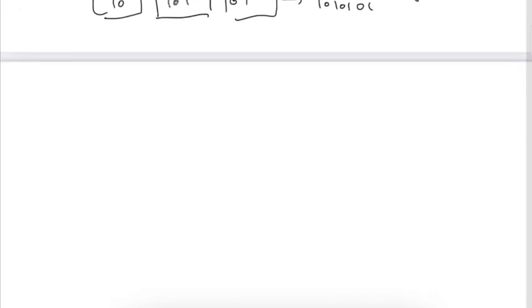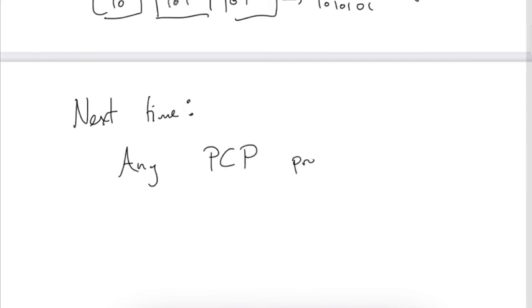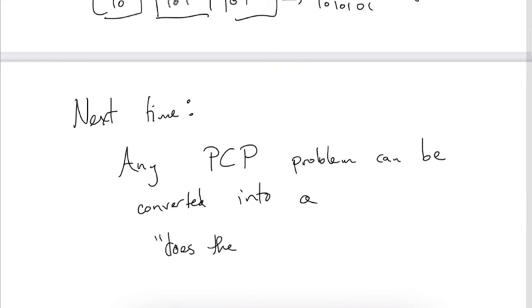Let me just give you a little intro to the punchline. We don't have enough time to do this now, so I think we'll cut it off at this point. But next time, it turns out that any PCP problem can be converted into a does-the-Turing-machine-accept-or-not problem.